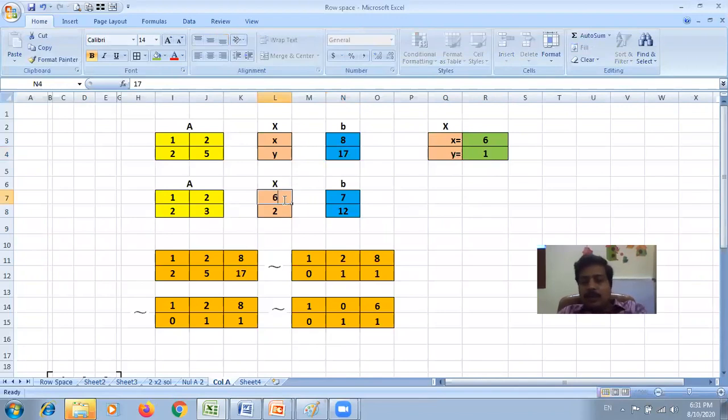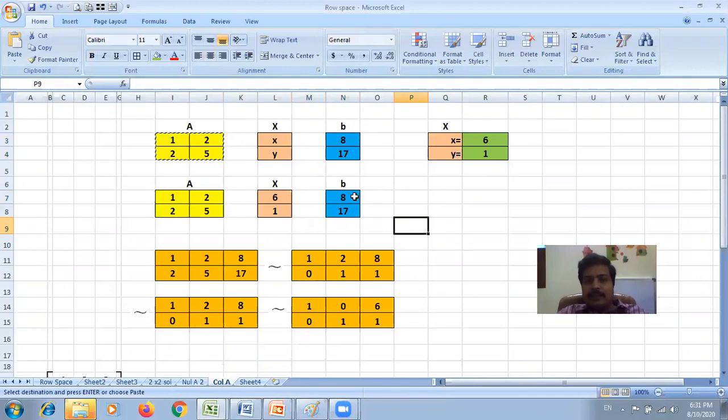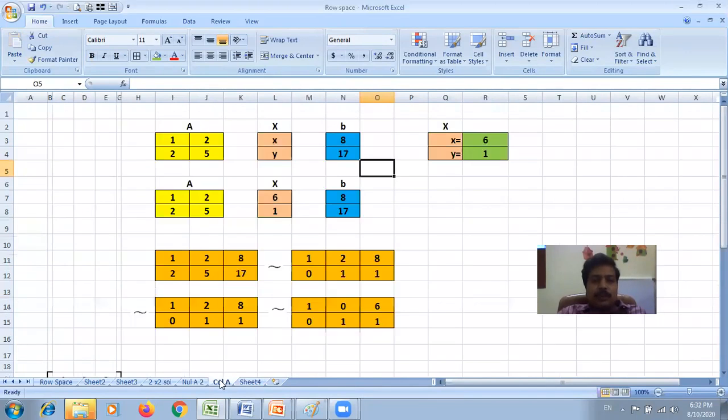If I use this solution 6 and 1 here, I will get the same 8, 17. So 8, 17 is solvable, since it is a linear combination. 8 and 17 are the answers, and 6 and 1 are the solutions.